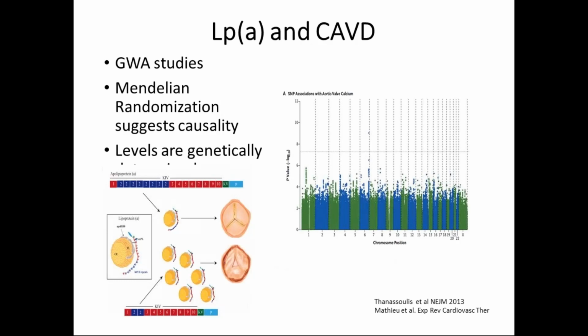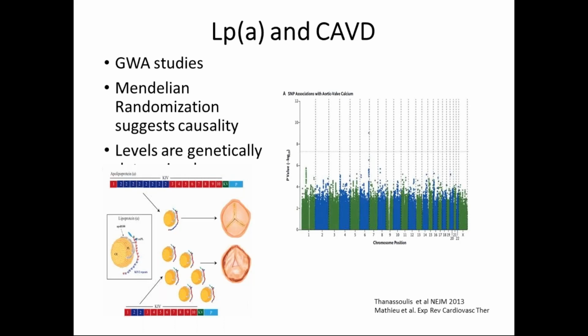In the general population, there are also risk factors related to genetics, and this has been highlighted in genome-wide association studies where variants in a gene called LPA, which encodes lipoprotein little a, are causally associated with calcific aortic valve disease.